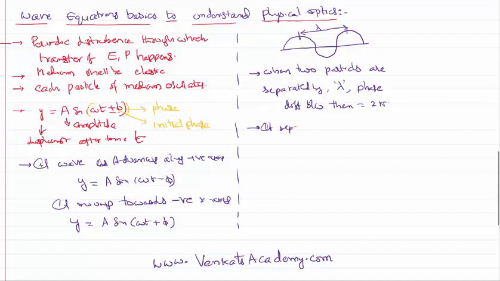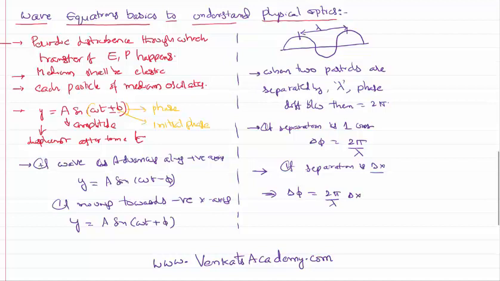If separation is 1 unit, then the phase difference between them is 2 pi by lambda. If the separation is 2 units, then the phase difference between them is 2 pi by lambda into 2. If the separation between the two particles is delta x, which is also called path difference, then the phase difference between them will be 2 pi by lambda into delta x.